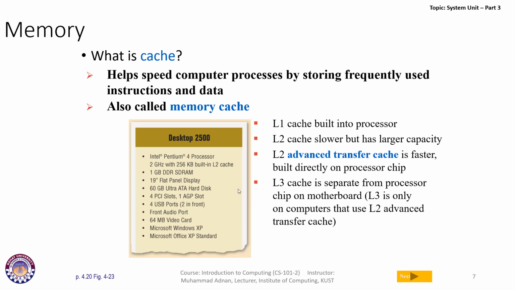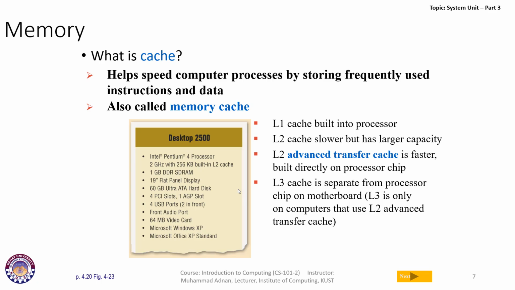L1 cache, just as I told you, level 1 cache is built into the processor, whereas level 2 cache is slower but has larger capacity. It is between the RAM and the CPU. L2 advanced transfer cache is faster and built directly on the chip. So there are variations of L2 which are built on top of the processor.